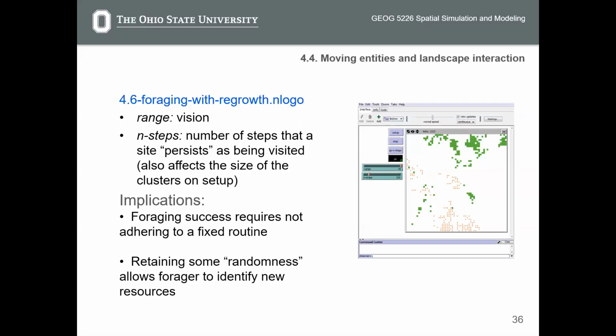I can randomly choose any site within my vision that has resources, go there and collect, and repeat this process. Also, retaining some randomness allows the forager to identify new resources.